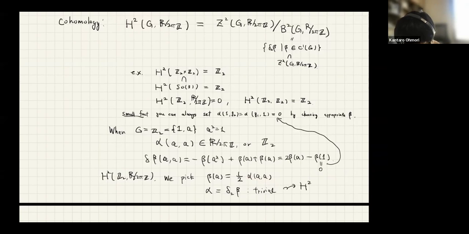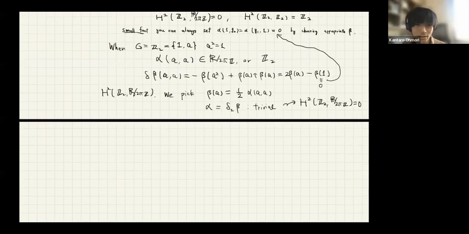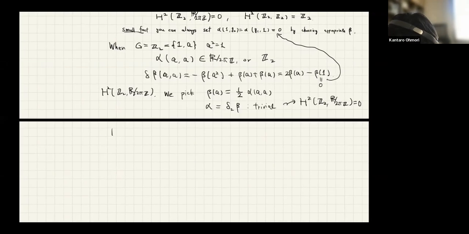So H2 of Z2 valued in U1 is 0. However, if you care about Z2 valued cohomology, for example time reversal times Z2 unitary symmetry, then that's the case. Sometimes you do care about Z2 valued cohomology, and in that case 2 is 0 in Z2. In other words, you cannot divide an element of Z2 by 2.